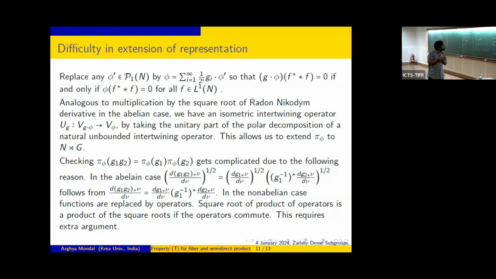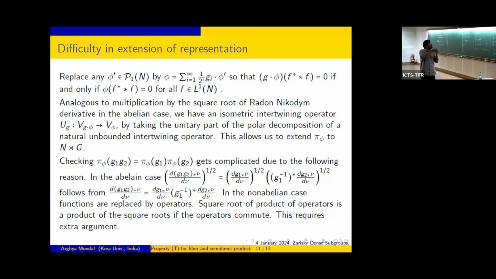So this gets complicated because of the fact that I mentioned earlier that in the abelian case, we have to check a cocycle condition in terms of the Radon-Nikodym derivatives, which are functions. And here, it is enough to check it for the squares of the function. And then immediately you will get the result for the square root also. But if you replace functions by operators, then there is a problem of commutation.